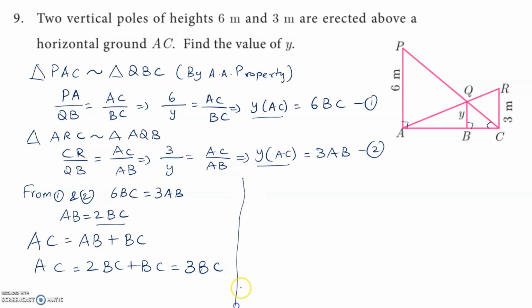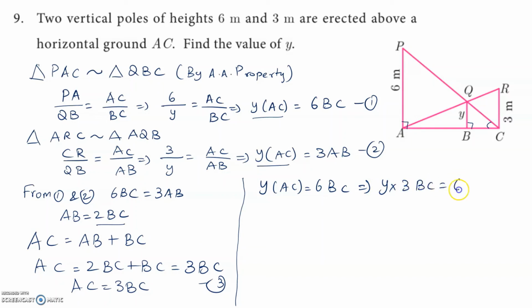Okay. Now let's substitute this value of AC, AC is equal to 3BC, in 1. So you have YAC is equal to 6BC. So substituting the value of AC as 3BC, you get Y into 3BC is equal to 6BC.